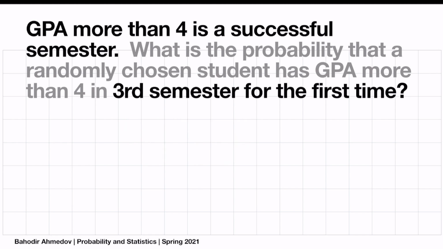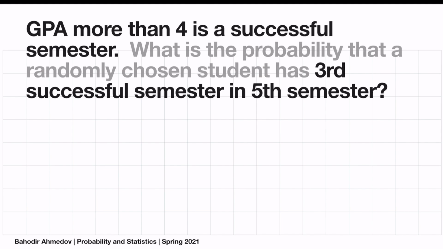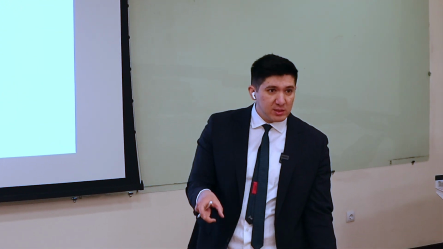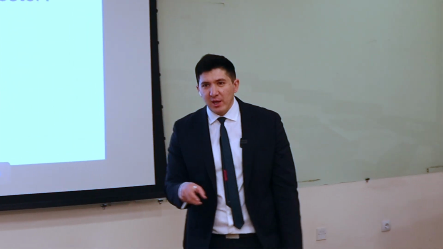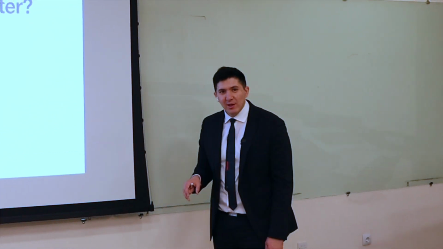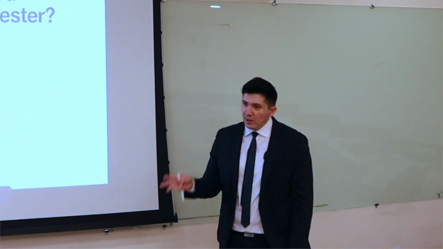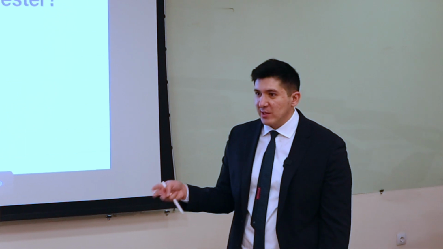What we can do is still play with the number of semesters, but let's say the number of successful semesters is going to be more than 1. For example, let's assume that Alexander and Alisher have agreed at the beginning that Alexander can do 3 successful semesters in 5 semesters, and Alisher said that he can do this in 4 semesters.